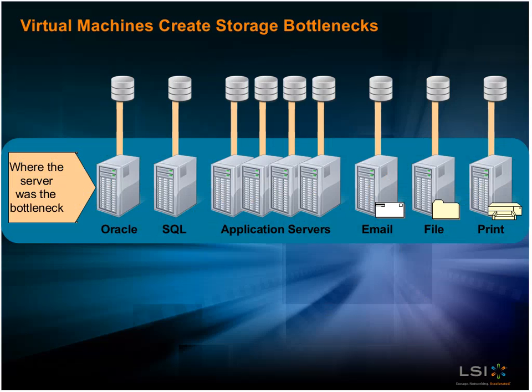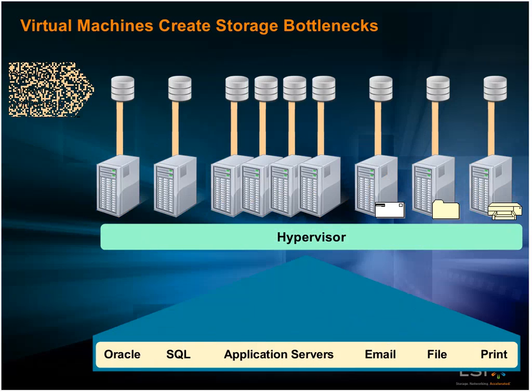So where the server was the bottleneck, you've now created another bottleneck, and that's disk I/O. Traditional spinning media just has not kept up, due to physics, with the requirement for access and availability of that data.